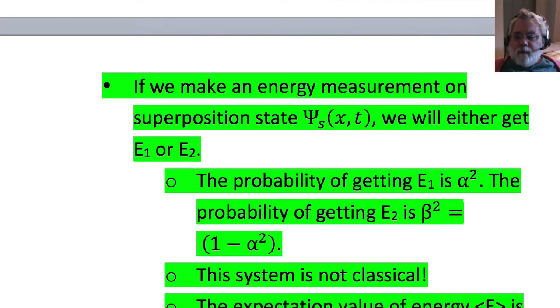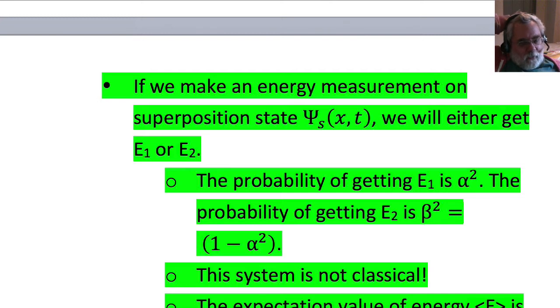They have different probabilities, but at any given time that we're taking a measurement, we don't know whether we'll get E1 or E2, and we could get either one. Yes, they have different probabilities, but each probability is non-zero. So we could get that energy.